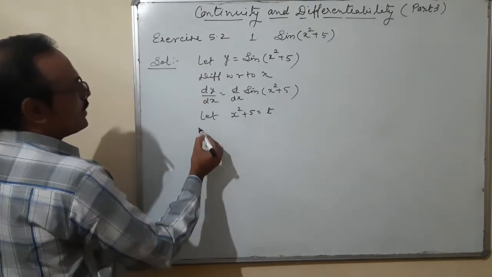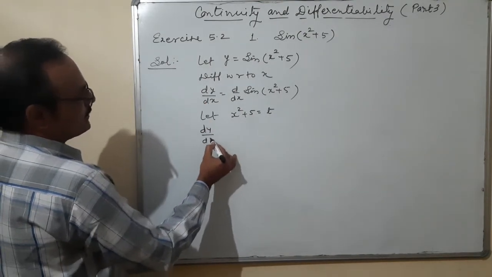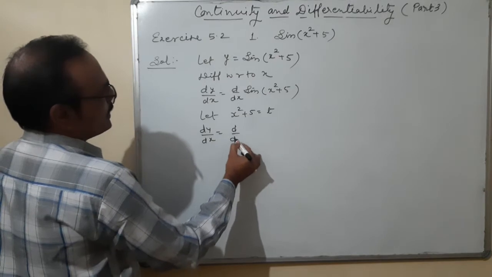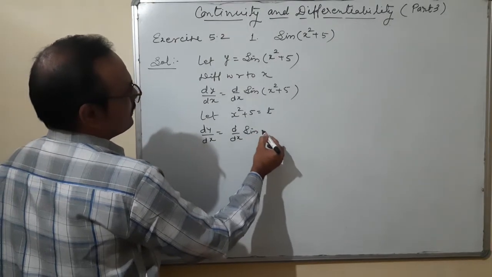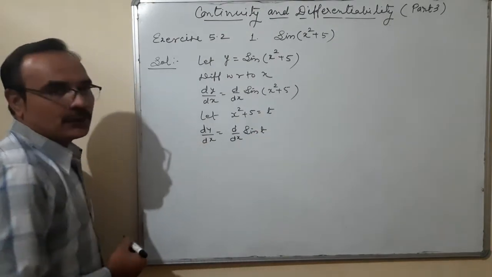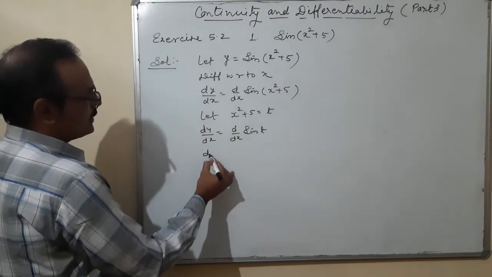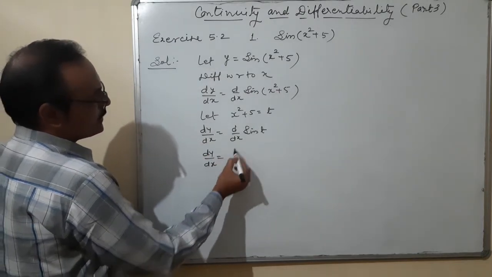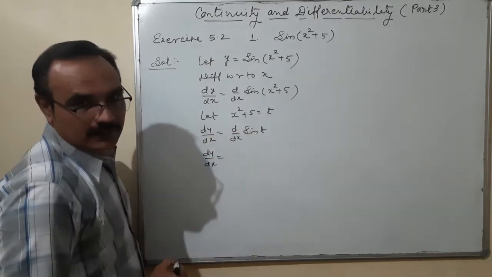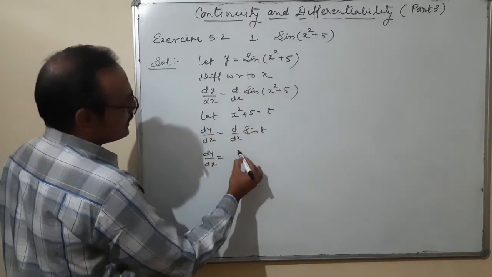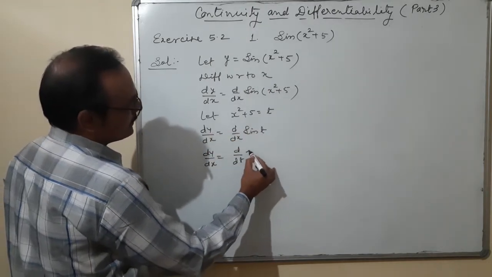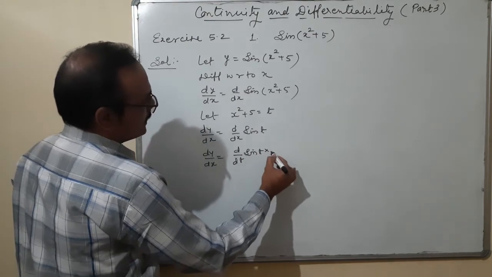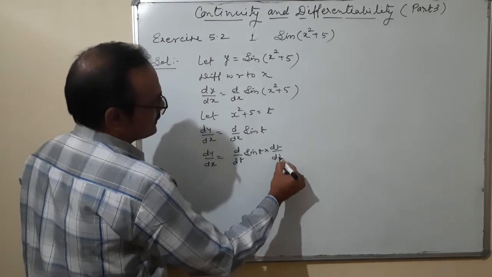Then what happens? Dy by dx is equal to dy by dx of sine t. So using the chain rule, I'll write here dy by dt of sine t multiplied by dt by dx.